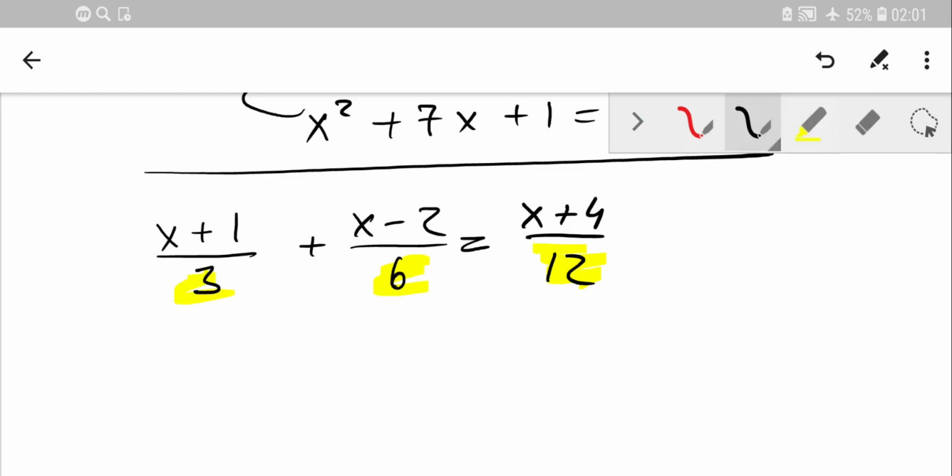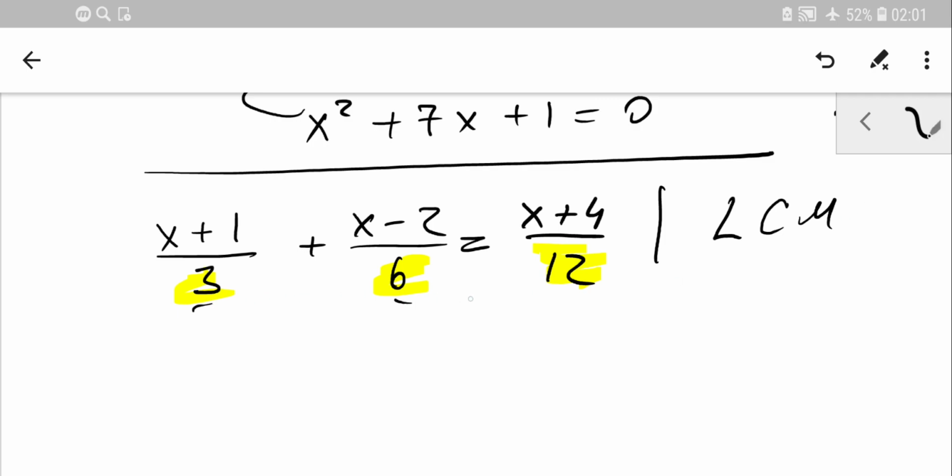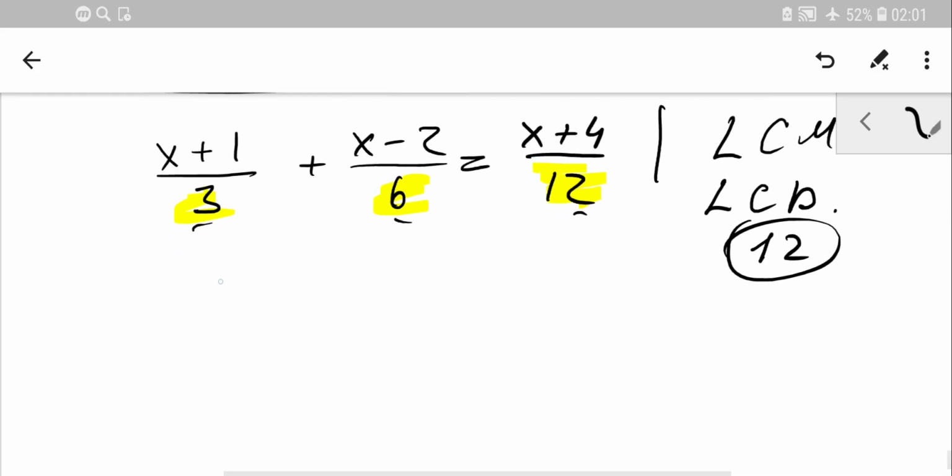You're looking for the LCM of the denominators, which I highlighted in yellow, or the LCD, the lowest common denominator. Obviously it's 12. For those who are not able to determine the LCM, I can show you how I do it quickly. For example, you have 3, 6 and 12.